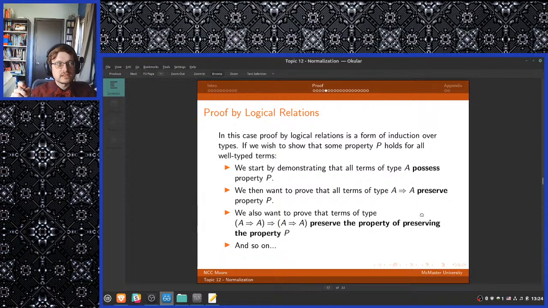If you can demonstrate that if T1 has the property, that means T2 must have the property via T1 yielding T2, that is preservation of the property, right? And if that property happens to be the property of termination, then we have proven termination. So this is the essence of the proof by logical relations.